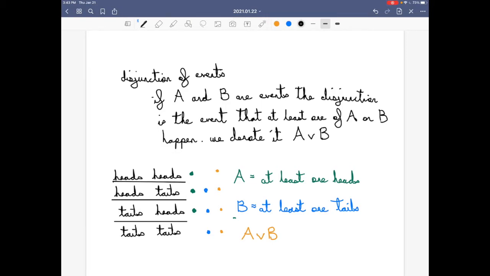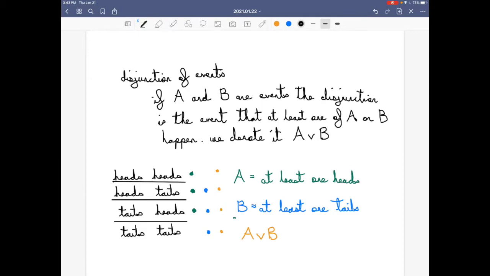And so what we're saying is that this is the event that at least one of the constituent conditions is satisfied. So if we're looking at what we're saying here with our two coin flip example, we want to see everything that has at least one heads or at least one tails.